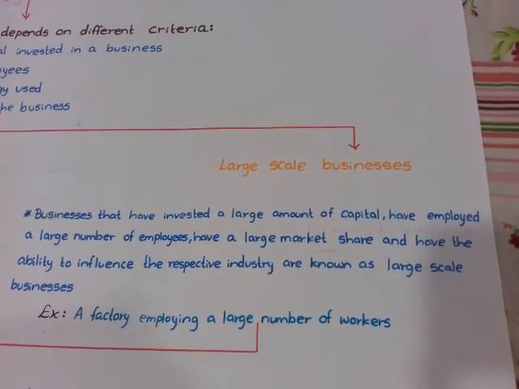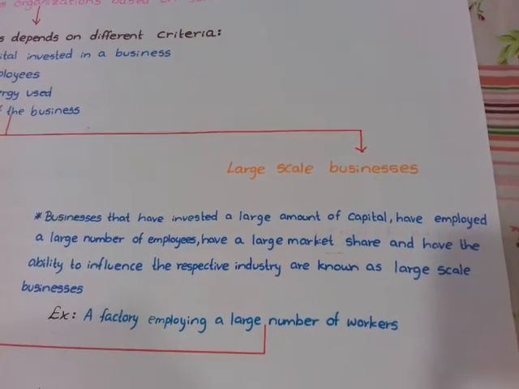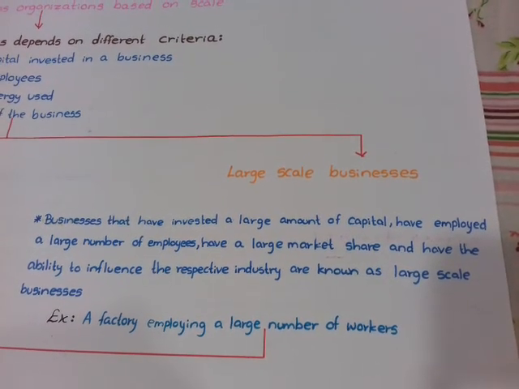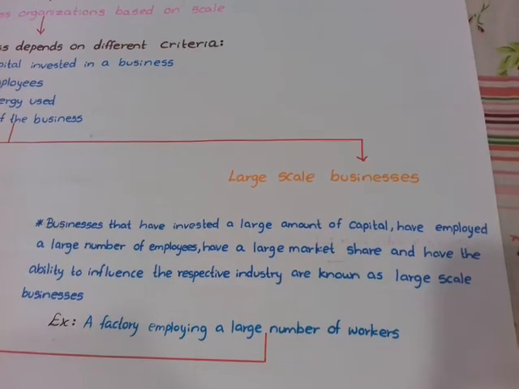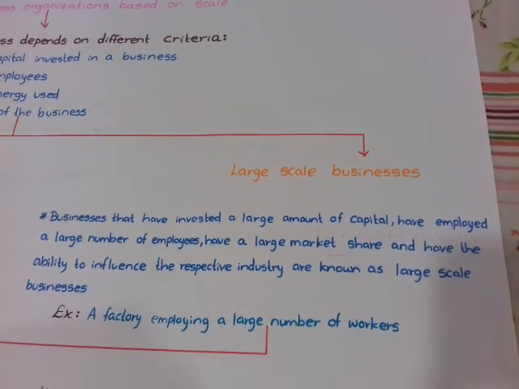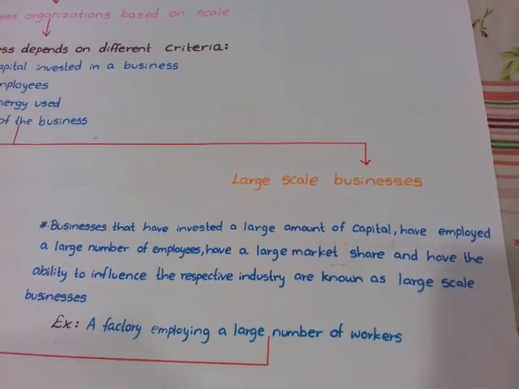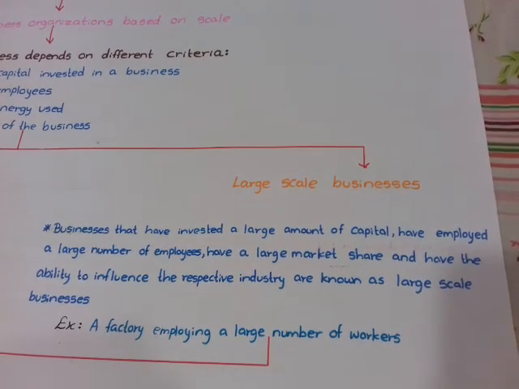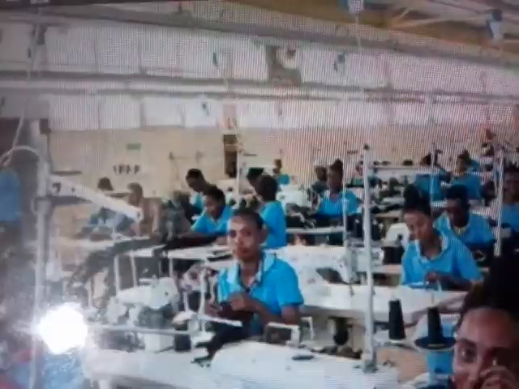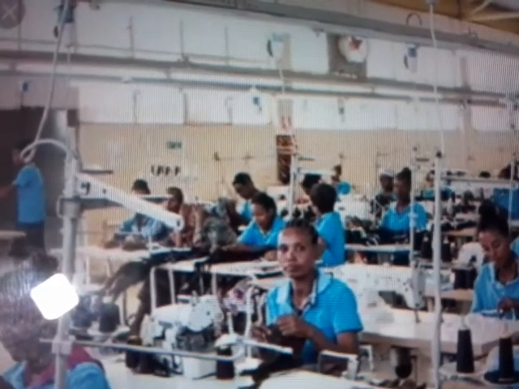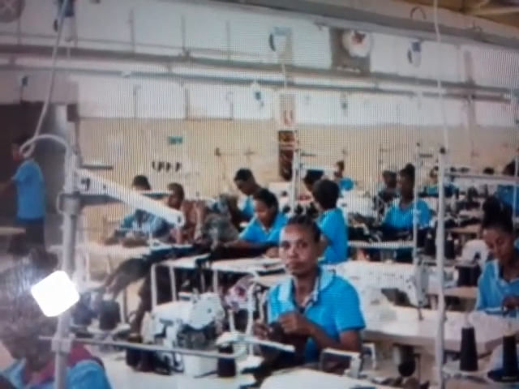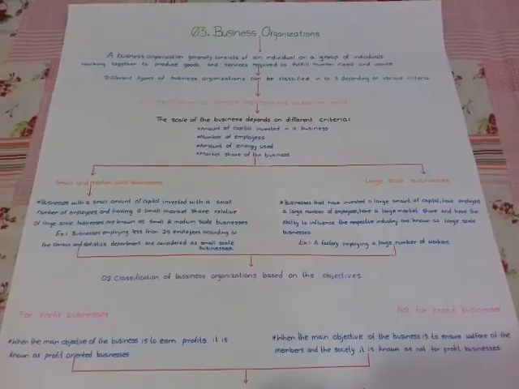From the description itself, it states a large amount of capital, a large number of employees and a large market share. So everything is large. Therefore, we conclude them as large scale businesses. For example, a factory employing a large number of workers.